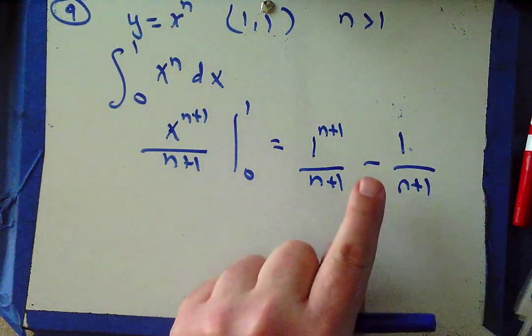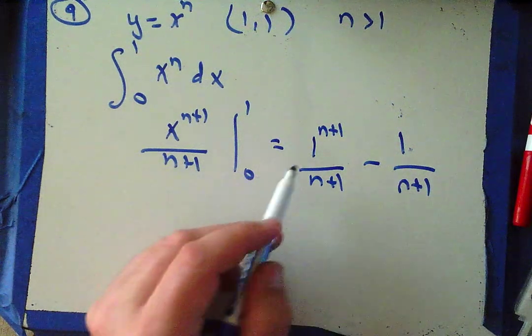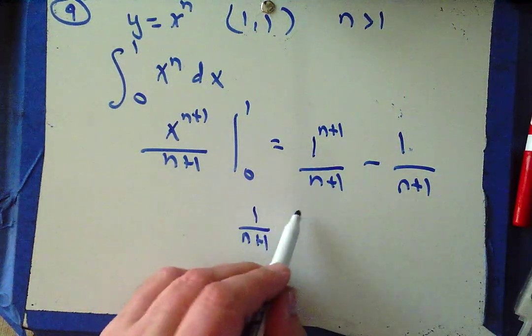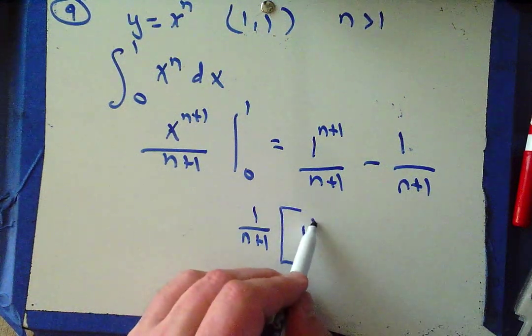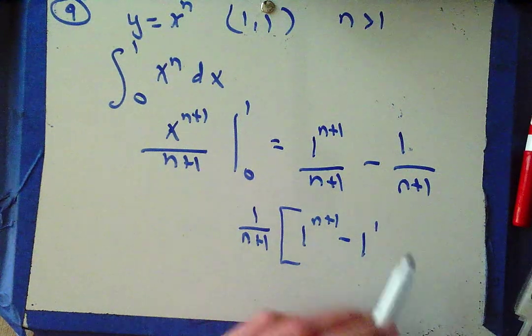If I factor out a 1 over n plus 1 here, I'm going to have 1 to the n plus 1 minus 1 to the 1.